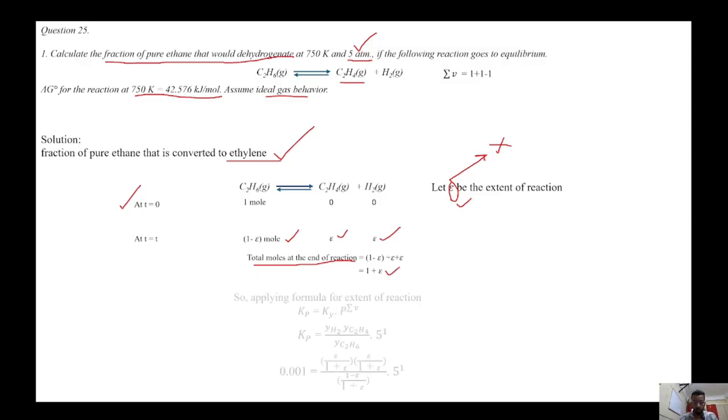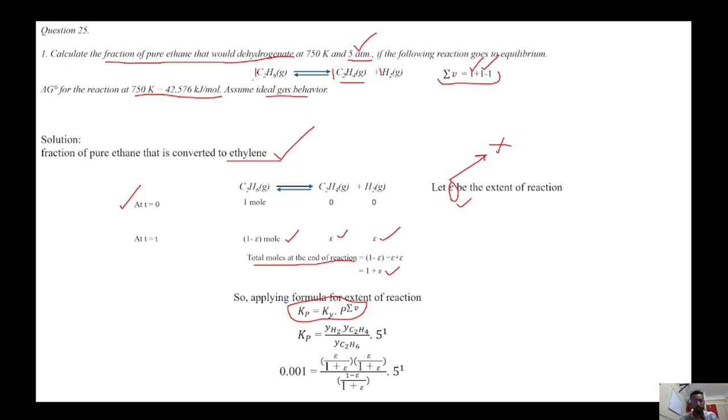Now, applying the formula for extent of reaction, we use Kp is equal to Ky into P to the power summation of nu, where summation of nu is the sum of the stoichiometric coefficients. It is plus for the product and minus for the reactant. This one is the stoichiometric coefficient of H2, 1; this one is for C2H4, 1; and minus 1 is for the reactant.